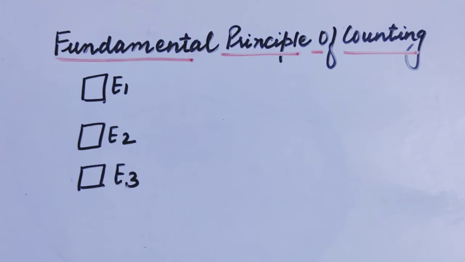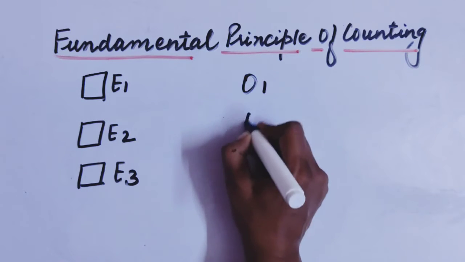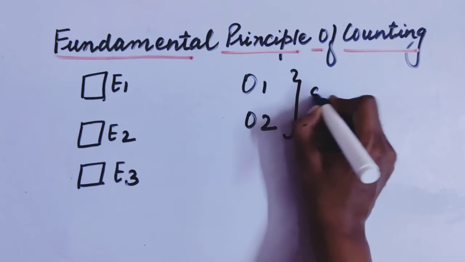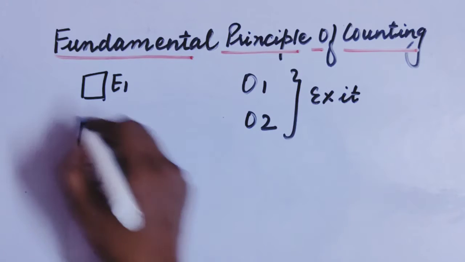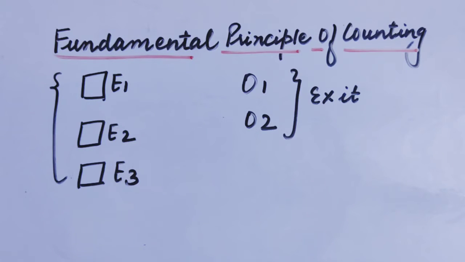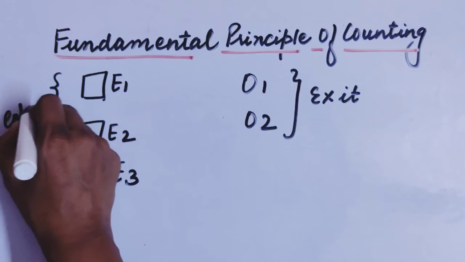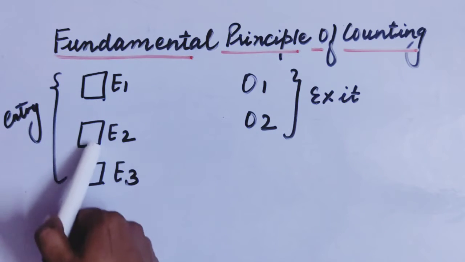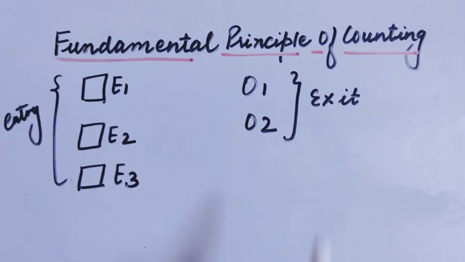Okay? Suppose there are two exits which are O1 and O2. These three gates are for entry and these two gates are for exit purpose.